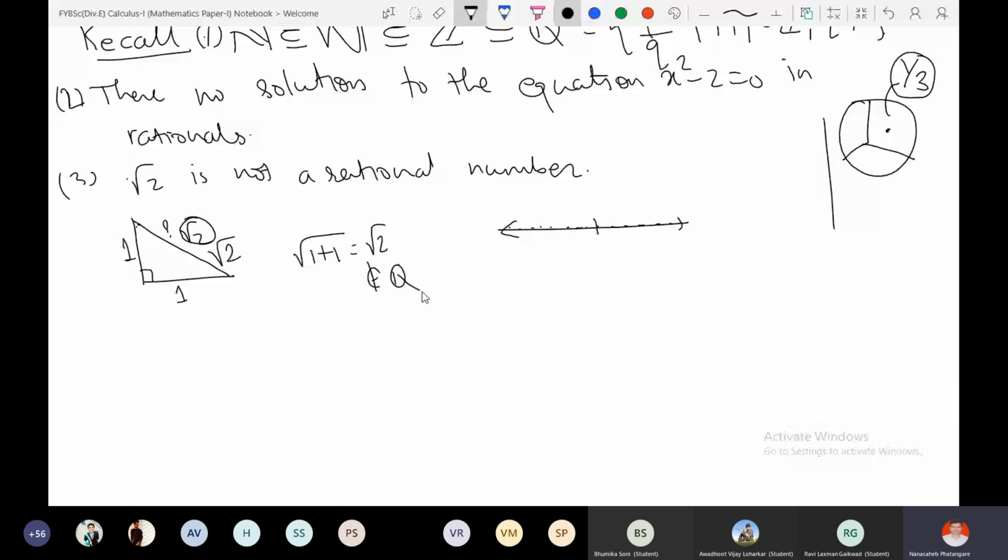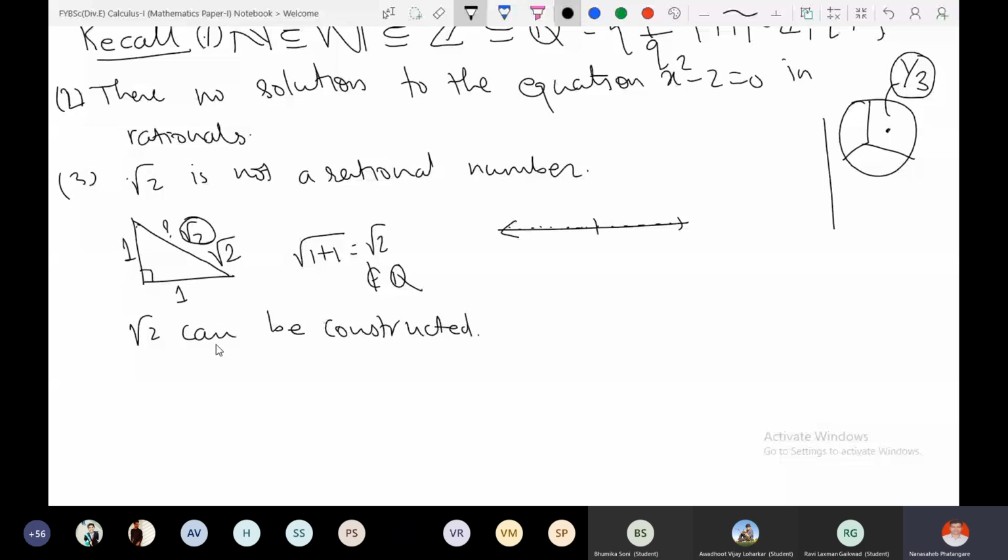People proved, like we saw the proof last time, that this is not rational. So where is it? I have a length, whatever this length is, so root 2 can be constructed. We can actually construct it.